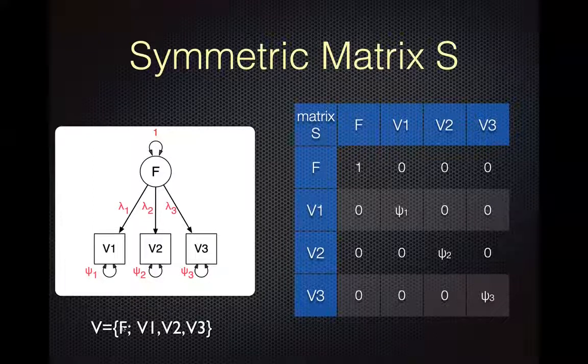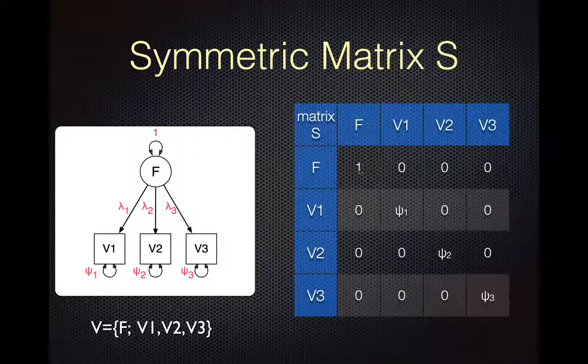So we've got the variables f, v1, v2, and v3, and these become the labels for the rows and the columns of the symmetric matrix S, where the double-headed arrows, the slings. McArdle used to refer to the slings and arrows of outrageous fortune in referring to the S and the A matrices, slings for the double-headed and arrows for the single-headed.